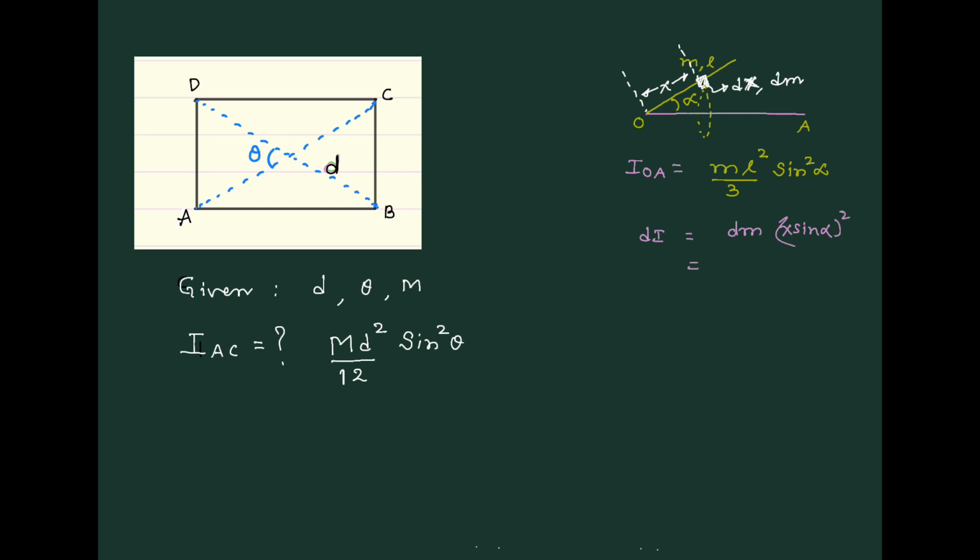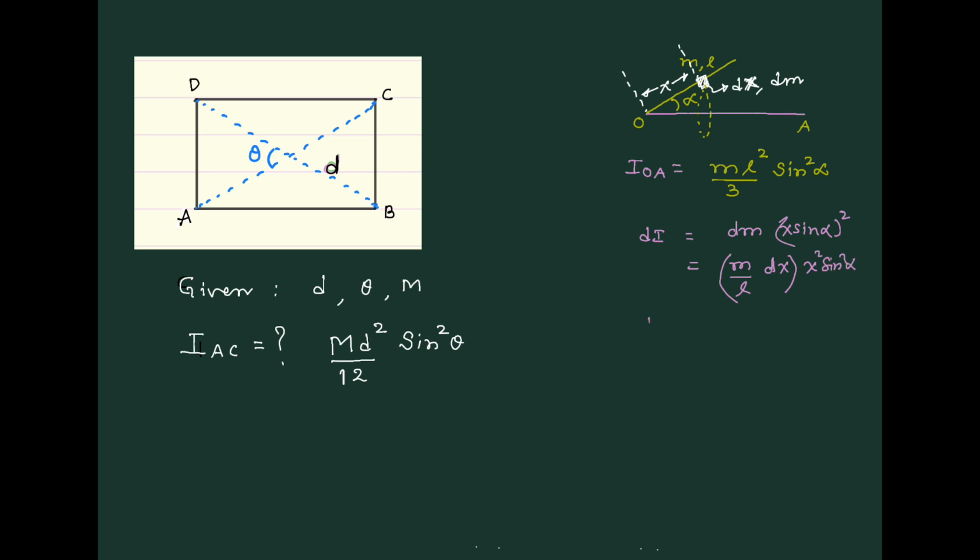And dm can be written as M by L into dx, because total mass is M and total length is L, so the mass of unit length will be M by L, so the mass of dx will be this much, and then x square into sine square alpha.